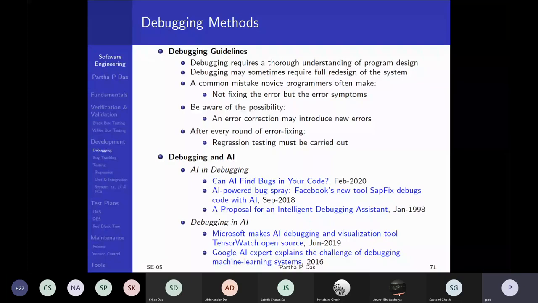For the last 4 or 5 years, there has been significant effort in building tools which can debug and visualize typical machine learning libraries. So these are hot research areas in debugging and AI.